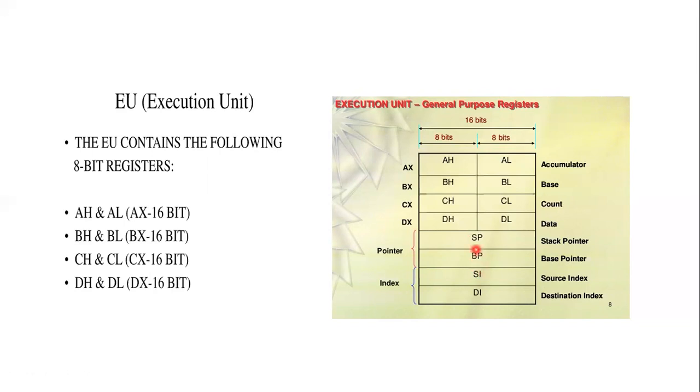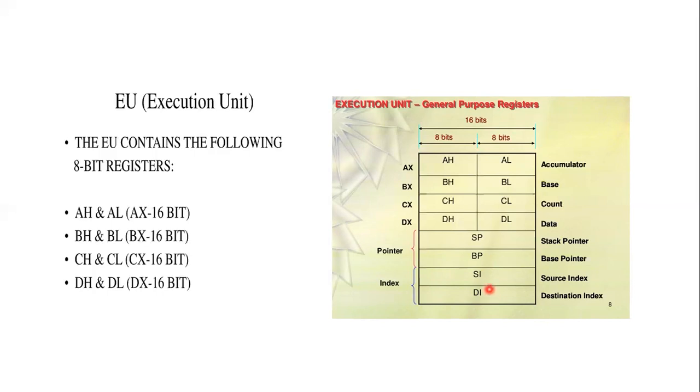The stack pointer is a 16-bit pointer to the stack segment, and the base pointer is used to access the data in the stack segment. Then there are two index registers. One is a source index, another one is a destination index.